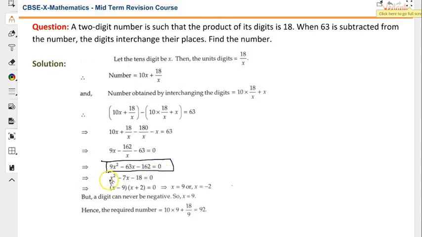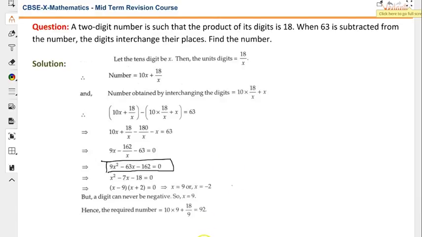Now 9 can be taken out as common. Once you solve this with the help of factorization, you get the two zeros or two roots, which are 9 and minus 2. Got it, guys? This is how you can solve these types of problems.